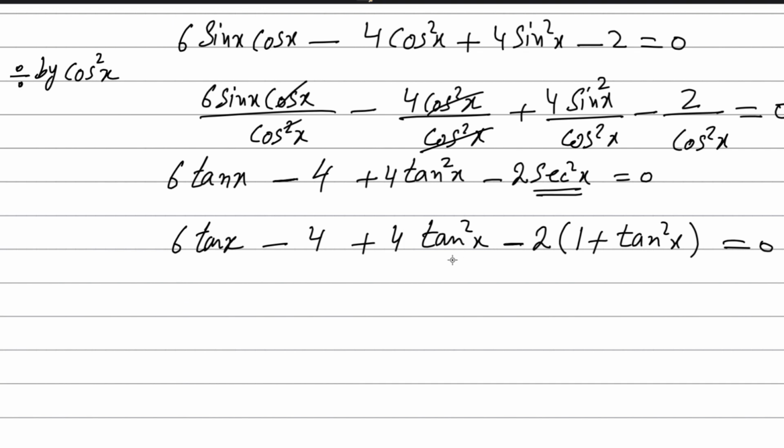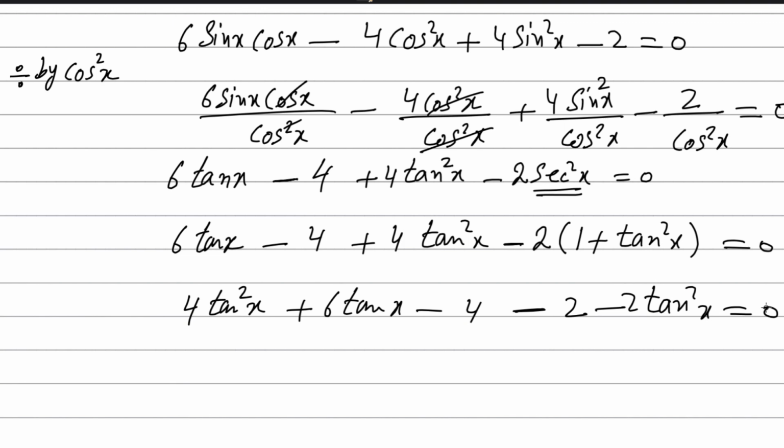Simplifying, write them in order. So 4 tan square x, I'm writing it here, and plus 6 tan x here, minus 4, and we will expand this bracket, minus 2 tan square x equals to 0.